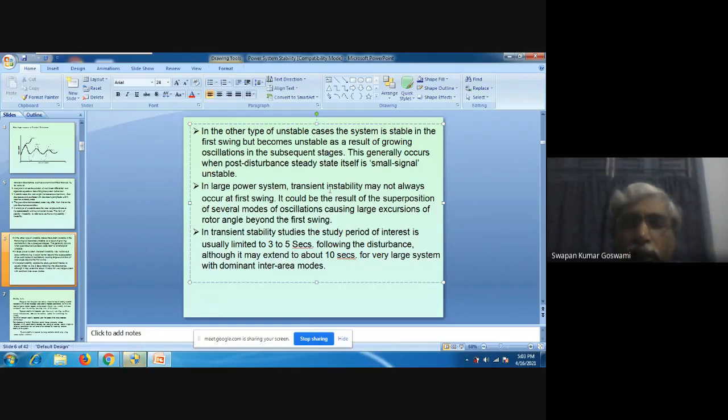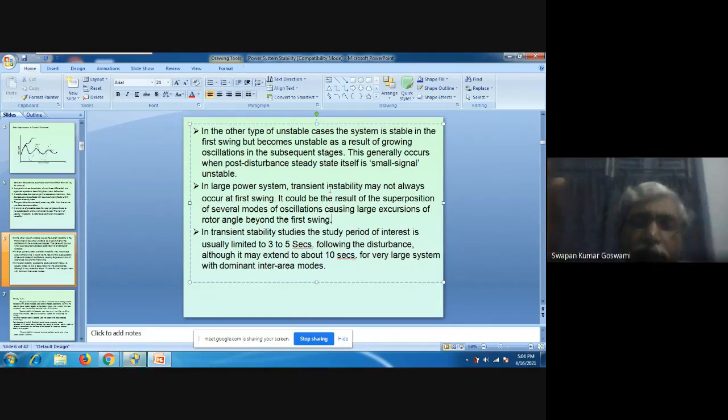Okay, so therefore many modes, many types of oscillations may actually occur in a power system, because there are so many dynamic devices, so many generators connected, because of the impact of the rotor, the exciter, the governor, because of the inertia of the generator, because of the location of the generator.